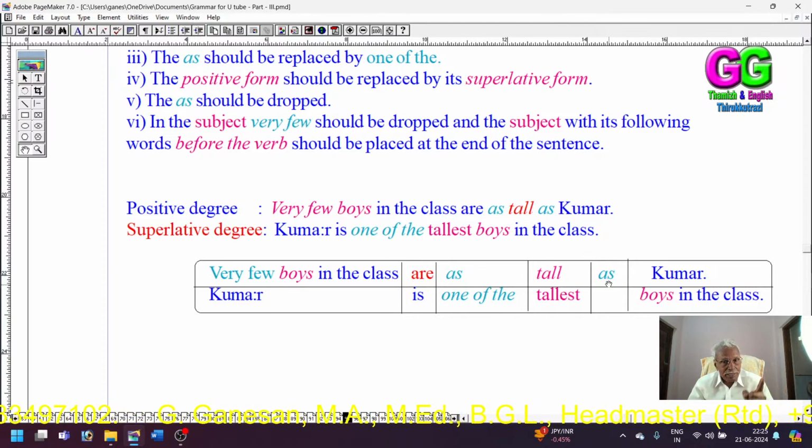Fifthly, the second scale of positive degree is dropped. Sixthly, the "very few" in the subject is removed, and the remaining part of the subject is made as the complement. That's all. So, very few boys in the class are as tall as Kumar. That is, Kumar is one of the tallest boys in the class.